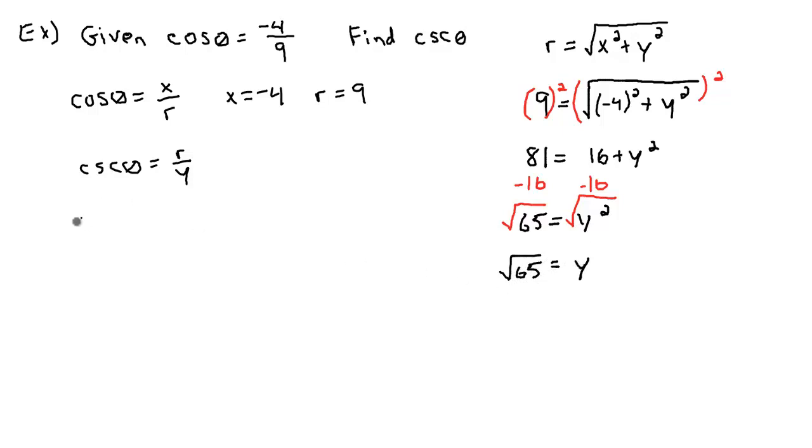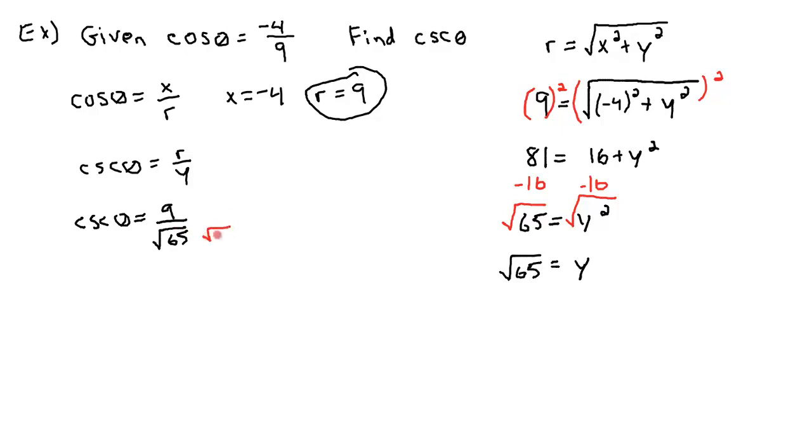Now I want to fill in what we know. So cosecant of theta is equal to r, which we know is 9, and then that's divided by our y, which is the square root of 65. Okay, so that's how we set it up, but we want to get rid of the radical in the denominator.